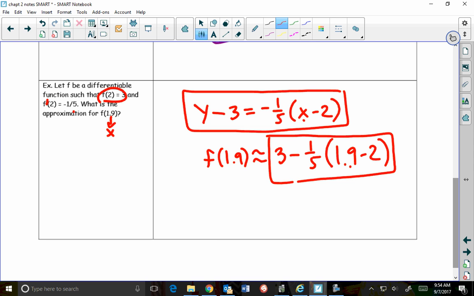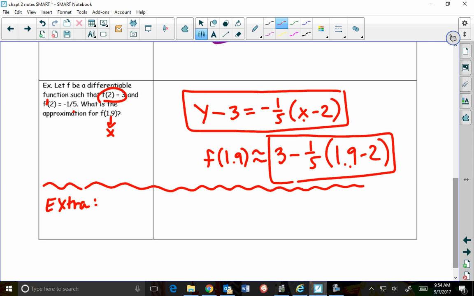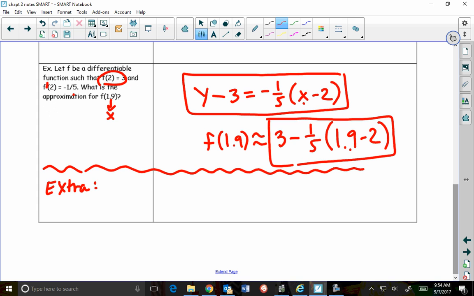You want a little extension really quick? I know you do. I saw lots of heads saying, yeah, this is nice. I appreciate all your conceptual understanding. Okay. So, what if I told you f double prime of 2 now is, give me a number, any number. 4.